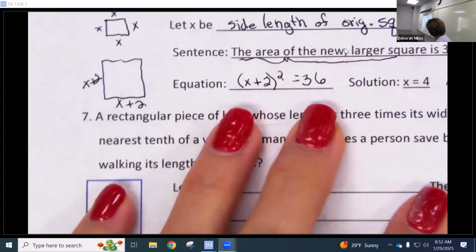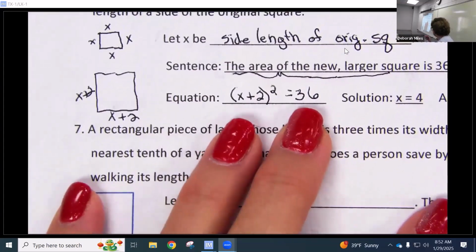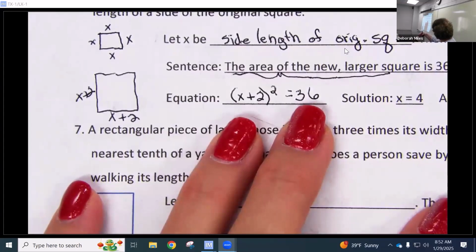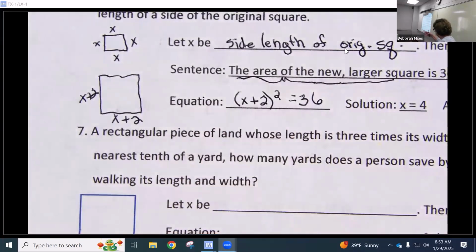There are two ways I could solve that equation. I could write x plus 2 times x plus 2, boil it out, have it equal to 36. If I did that, what would be my next step? If I had x squared plus 4x plus 4 equals 36, next thing I have to do is subtract 36 from both sides to get it in standard form.